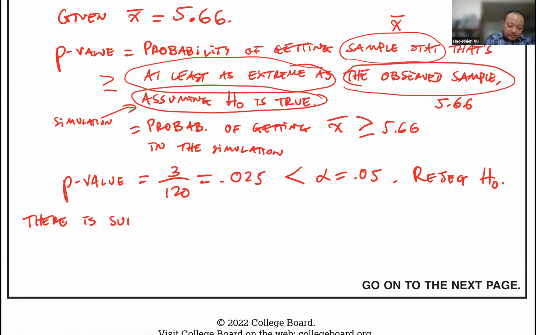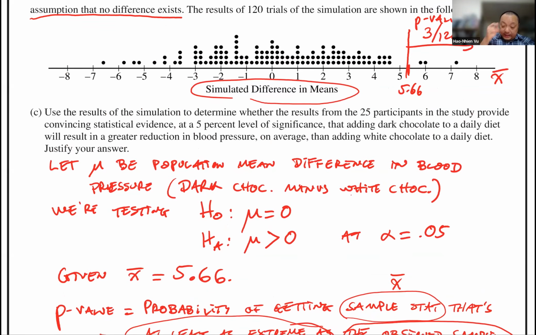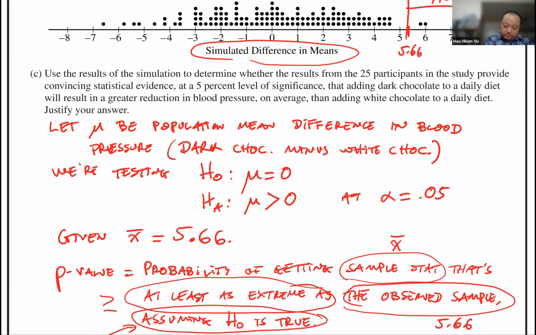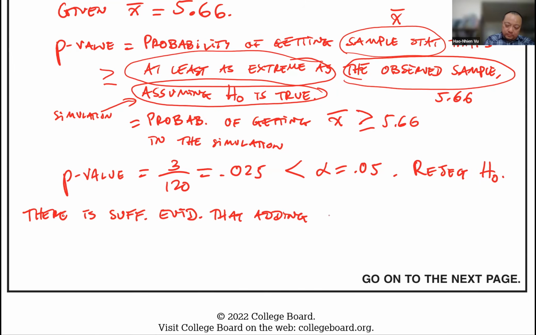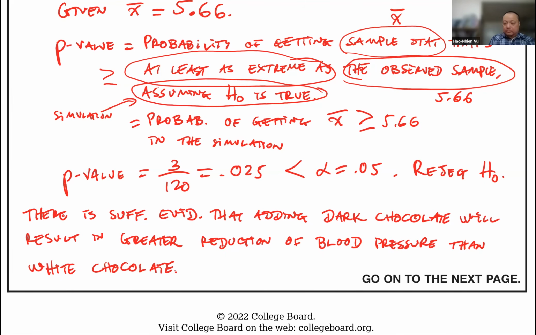There is sufficient evidence to support the claim that adding dark chocolate will result in greater reduction of blood pressure than white chocolate. There we go.